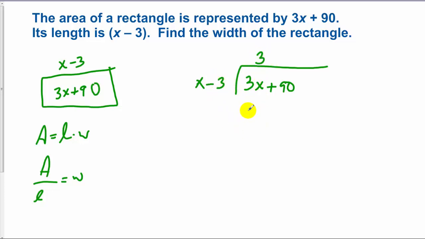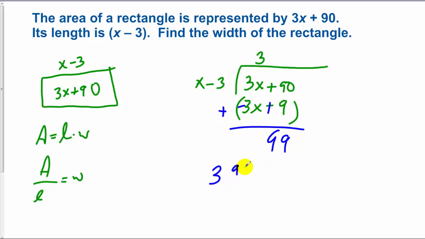And what I'll have next is I'll multiply, get 3x minus 9, and I'm going to subtract that, which means I distribute the negative through, and then add. This goes away, and I'm left with 99. So I'm left with 3 and 99 over x minus 3.